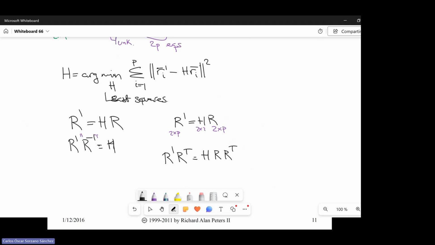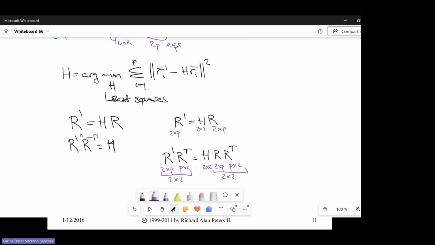What I have: this is 2 times P, this is P times 2. So this matrix is 2 times 2, and this matrix is 2 times 2.